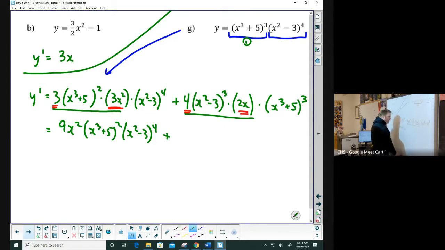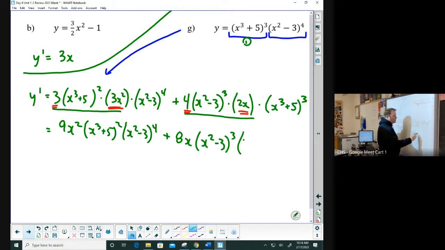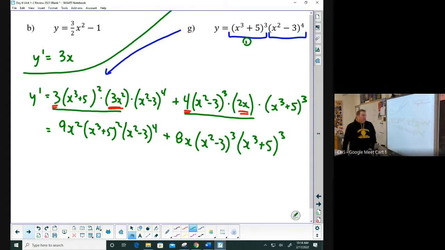Everything else is going to be harder to clean up. So 4 times 2x is 8x. And then x squared minus 3 cubed. And we got that. At this stage of our journey, that's going to be an acceptable answer. And I think it matches what's in the back. I hope. Oh, it does. Good.